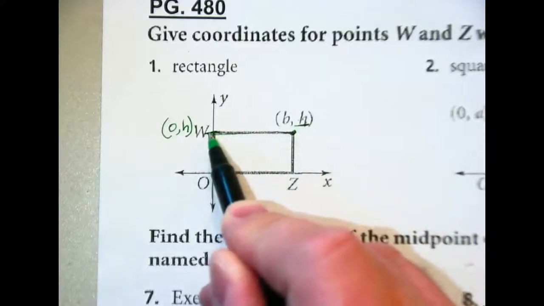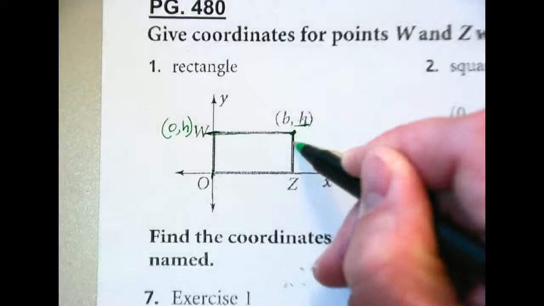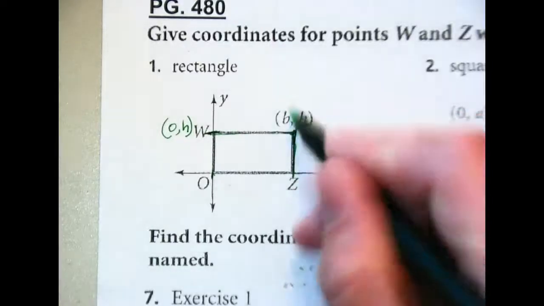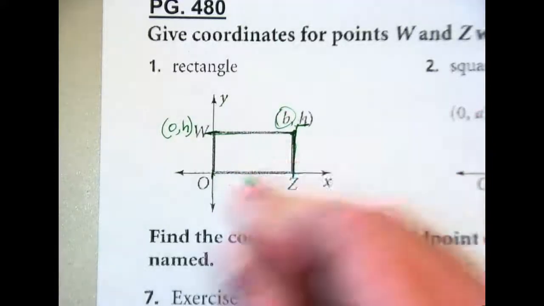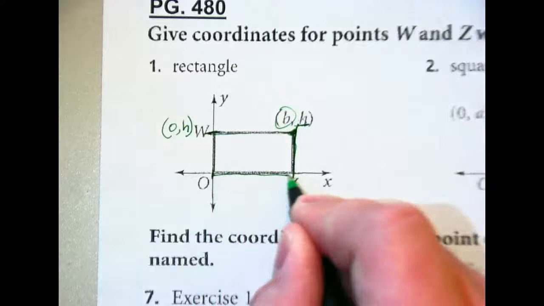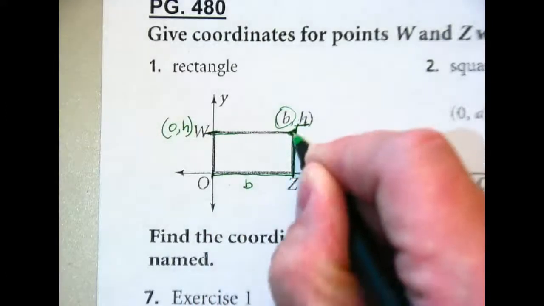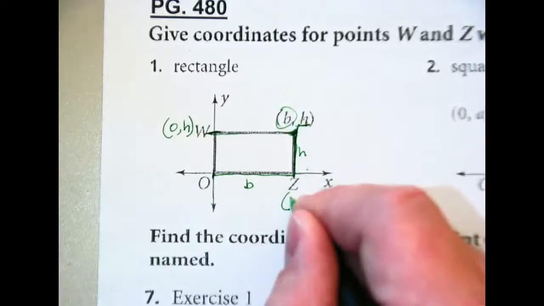If we follow this down from here, we'd be at point b. To plot a point, we go over that far on x, so we're going over b, and we're going up that far, up h. Over b, up h. So this has a coordinate of (b, 0).